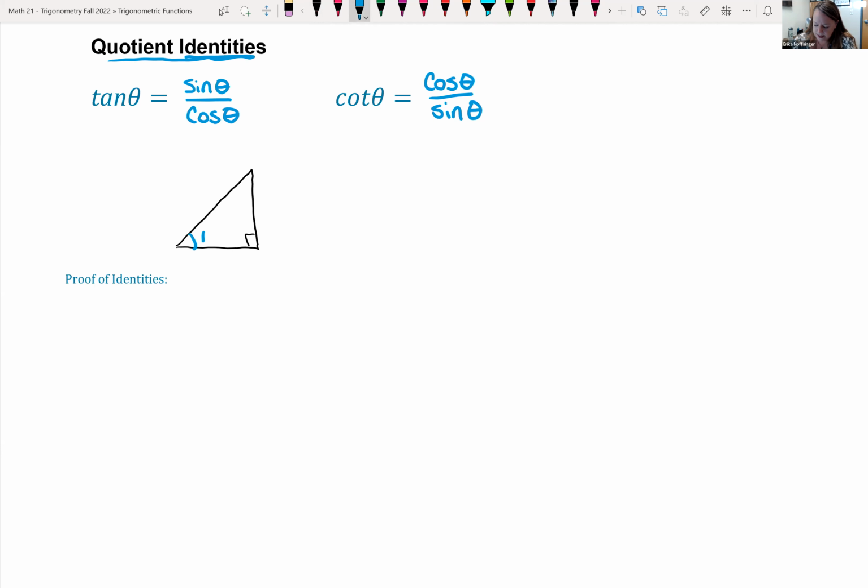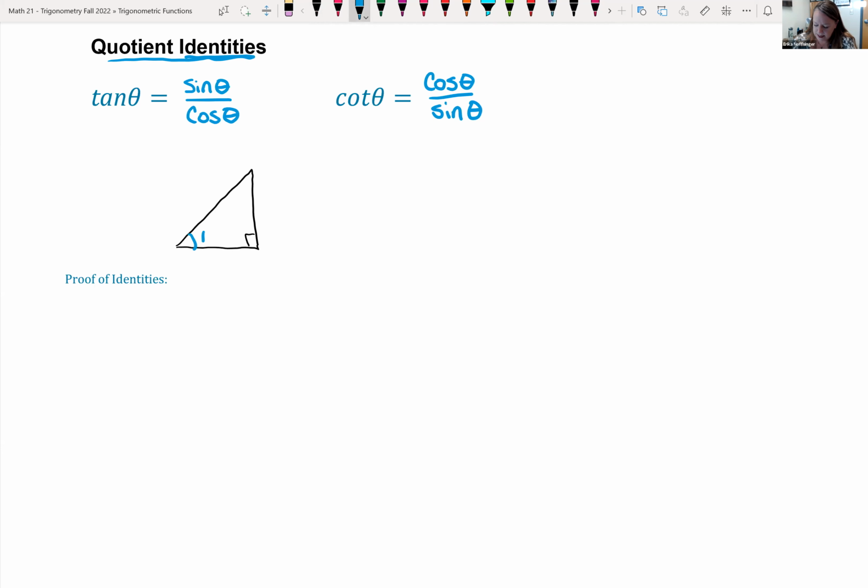Opposite of theta, let's call that A. Adjacent of theta, let's call that B. And let's call the hypotenuse C. So by our Pythagorean theorem, we know that C squared is equal to A squared plus B squared.